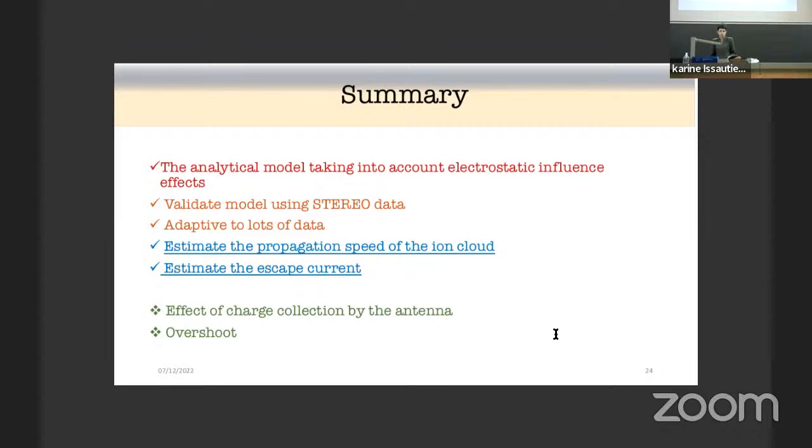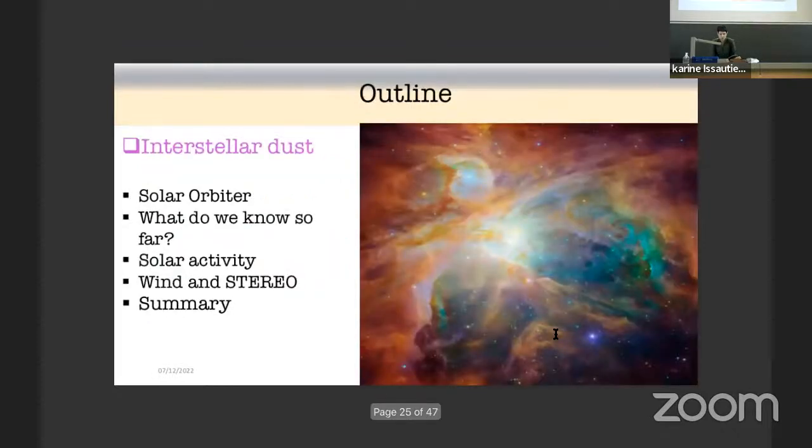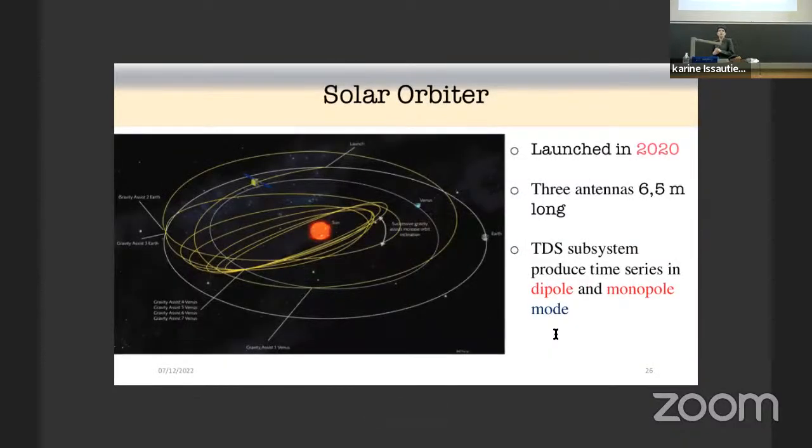And what we wanted to do next was to test our model on some other database, actually a special one, which leads us to the other story, and it is about interstellar dust. So what happened actually? When we were working on our model, Solar Orbiter was launched. It was in 2020.